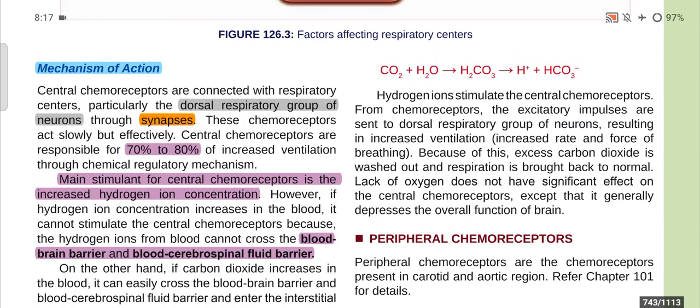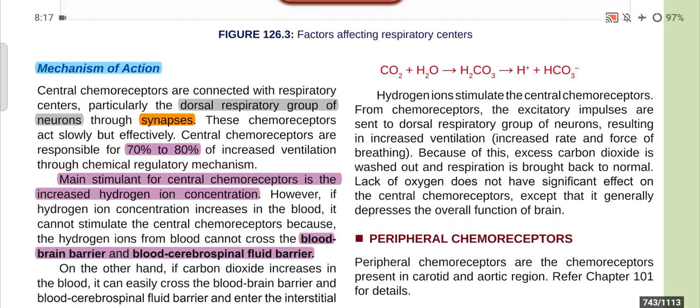The hydrogen ions stimulate the central chemoreceptors. From the chemoreceptors, excitatory impulses are sent to the dorsal respiratory group of neurons, which results in increased ventilation and increased rate and force of breathing. Because of this, the excess carbon dioxide is washed out and respiration is brought back to normal.